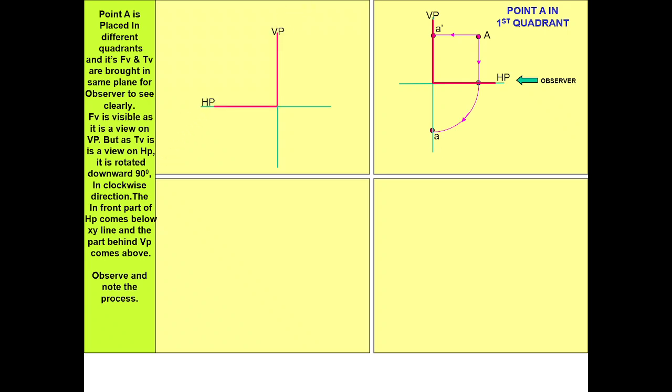To get the views on one plane, we always rotate the horizontal plane as per the rules. In the second quadrant, this is A dash, the front view, and the top view A is here.